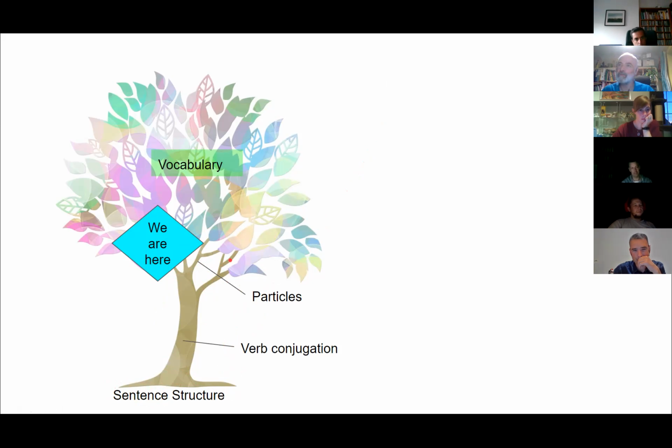Although there's not that many of them, there's one trunk and a few branches, they're incredibly important to get correct. And then everything else, all the leaves, are the vocabulary. Now at this stage of this class, we've reached the end of verb conjugation, which is like 90% of the grammar in Japanese. So most of what we're going to do now is moving on to vocabulary.